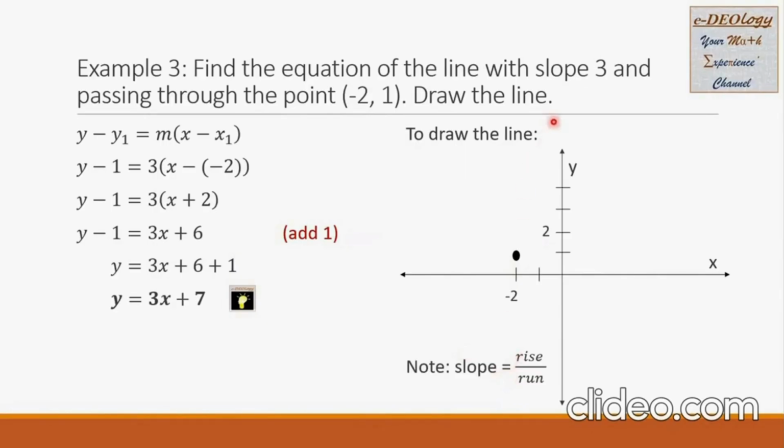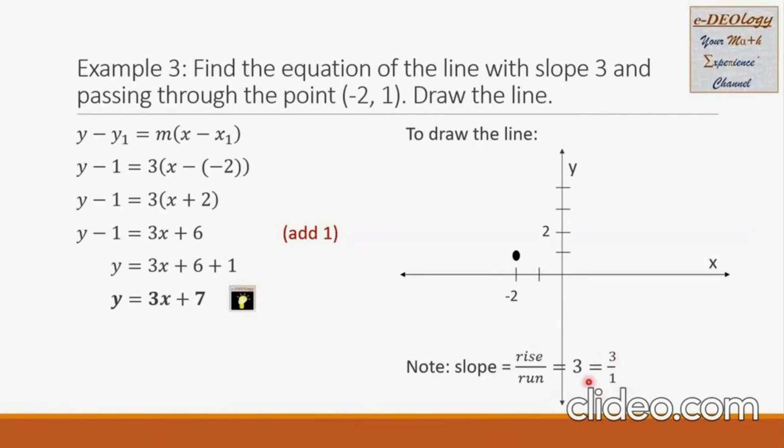In the problem, the given value of the slope is 3. So we write it here. And this is a whole number, and we know that we can rewrite the number 3 to be 3 over 1. It means to say the rise value is equal to 3 and the run value is equal to 1.